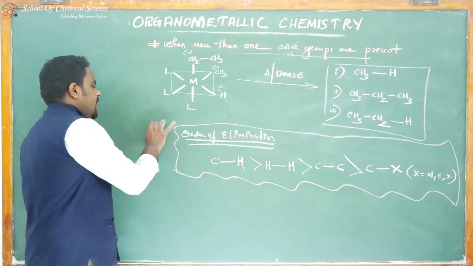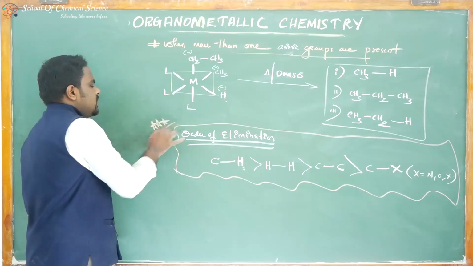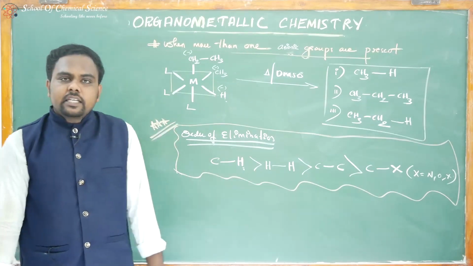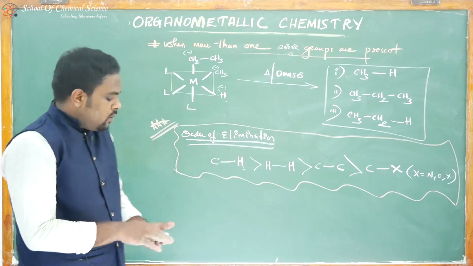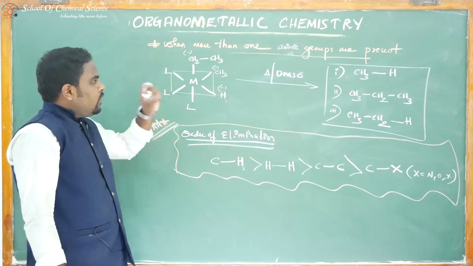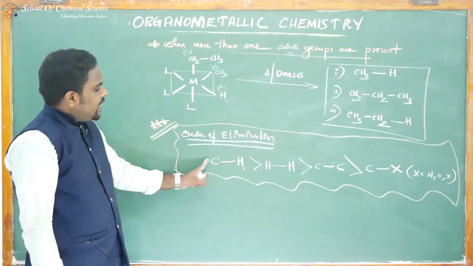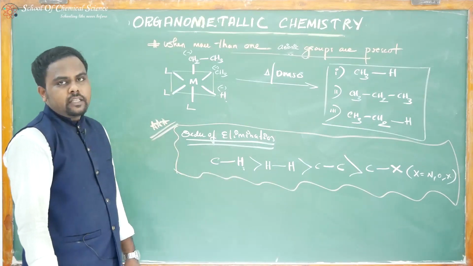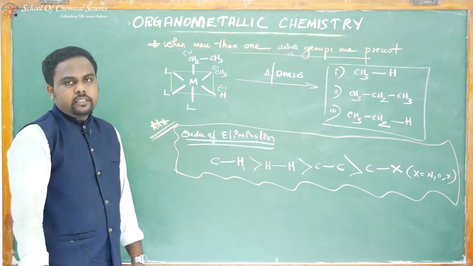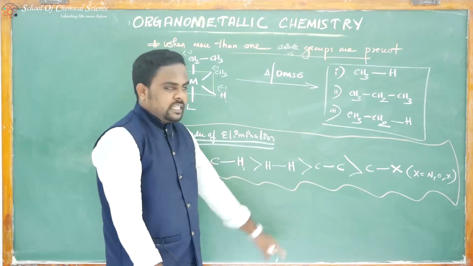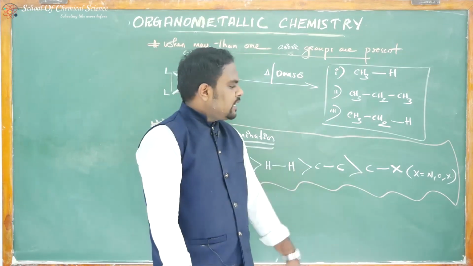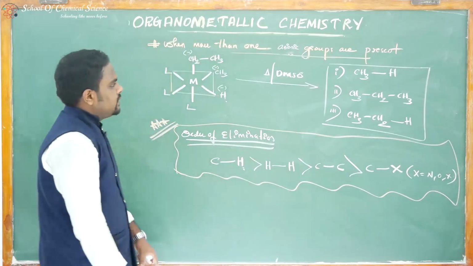Very important. This data is given in standard textbooks. So more than one elimination is possible. First priority, elimination of a carbon-hydrogen bond, then elimination of HH, then elimination of CC, then elimination of CX.